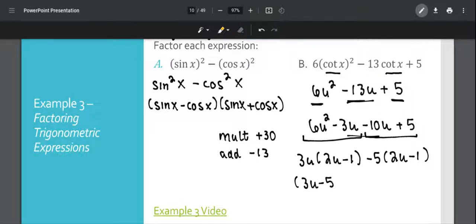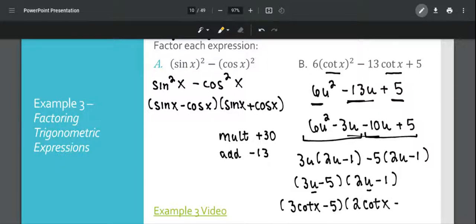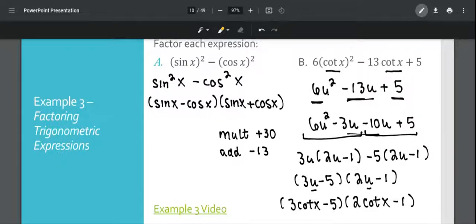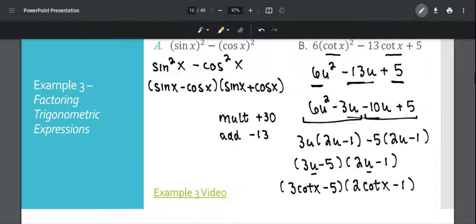So if we put that together, then we have 3u minus 5 times 2u minus 1. So it's factored, but we still have to go back to that last step because remember we put that u in there just to make it a little bit simpler. So now we have to substitute that cotangent back in at the end. So our factors would be 3 cotangent x minus 5 times 2 cotangent x minus 1.